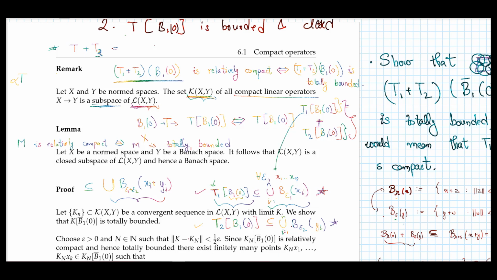Now what happens is, we have two unions of different balls, and what I want is, if I add these two together, what would I get?